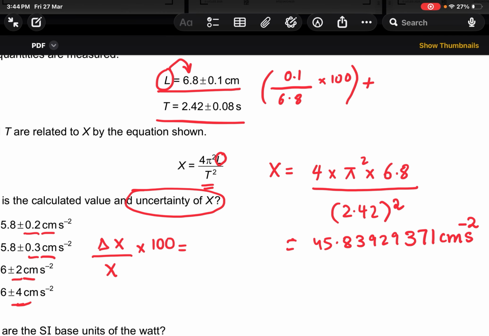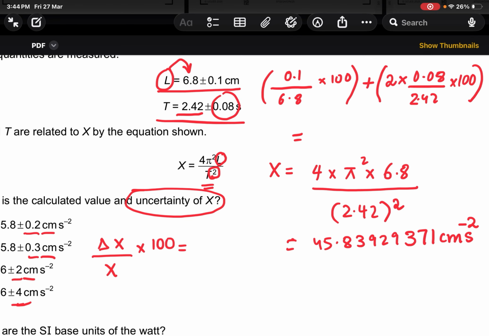Plus, we calculate for T. For T, because there is a square on T, we're going to multiply the percentage uncertainty by 2. 2 multiplied by 0.08 upon 2.42, times 100. We add their percentage uncertainties. 0.1 upon 6.8 into 100.